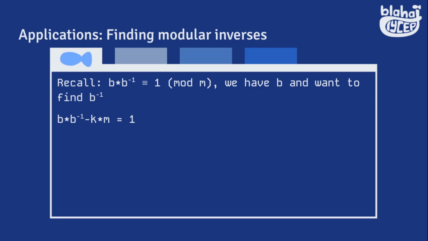So again, we expand into b times b to the power of -1 equals 1 plus km, and then bring it over. So bring km over. So b times b to the power of -1 minus km equals 1, like this.